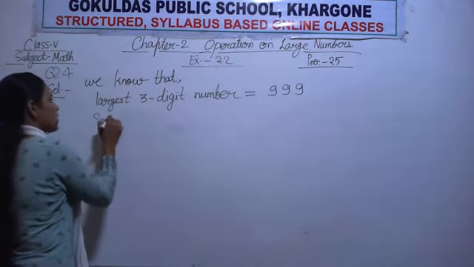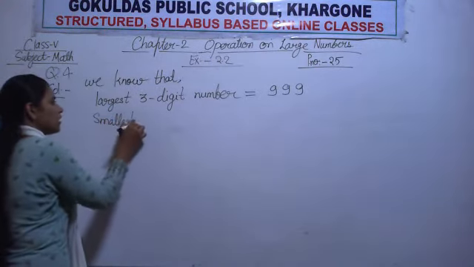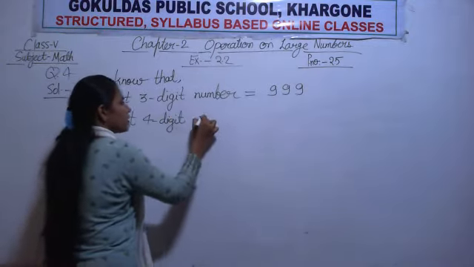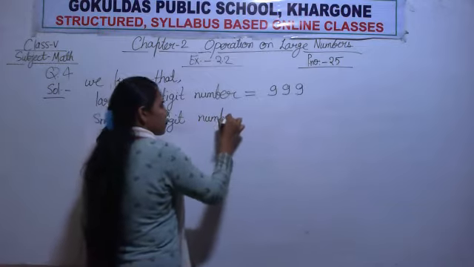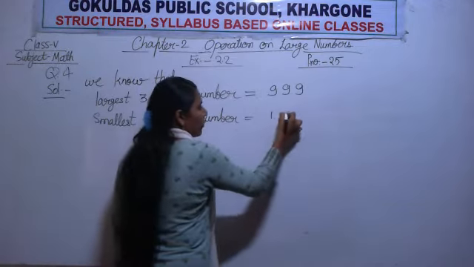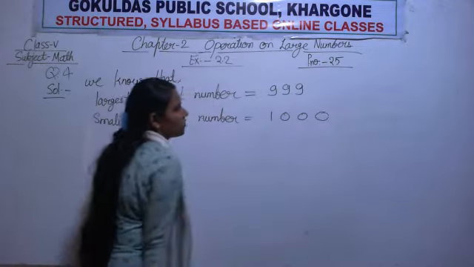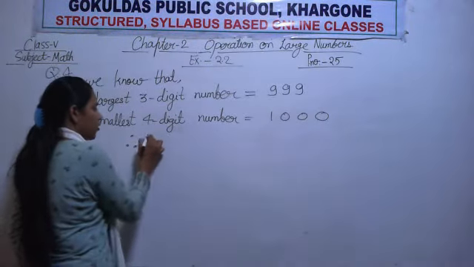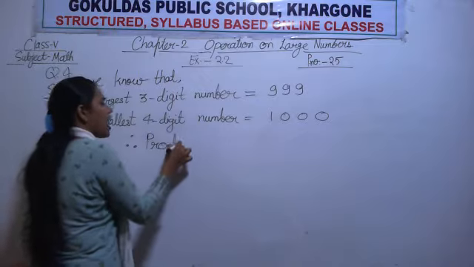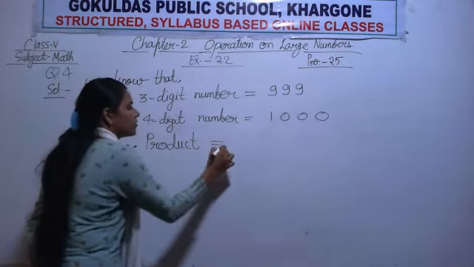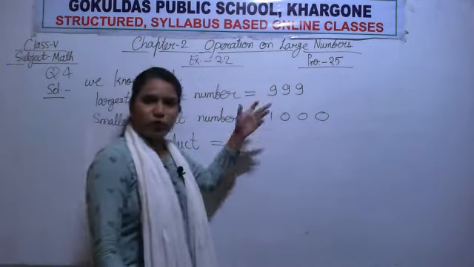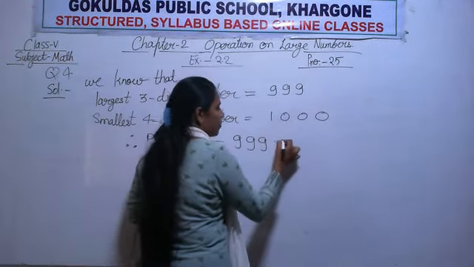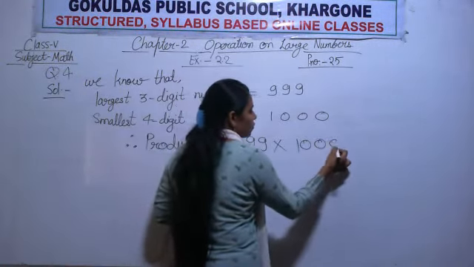Now you also know that the smallest 4-digit number is 1000, right? You want to find the product. Therefore, how will you get the product? When you multiply both the numbers. So 999 multiplied by 1000.